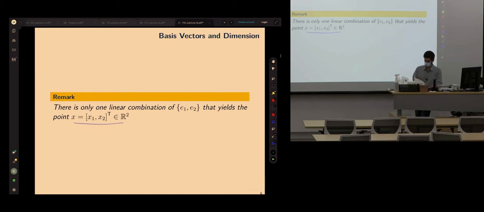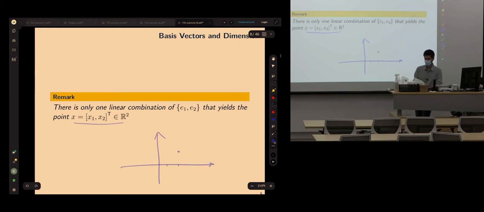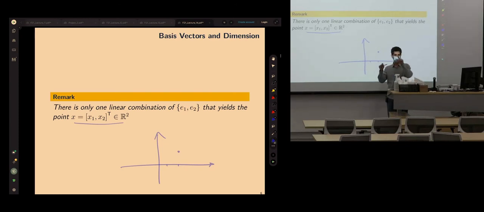You are already familiar with this idea because you know that in a 2D space, by following each axis, you could identify a point, right? And there is no ambiguity. Whatever magnitude you decide to follow along each axis, that will identify a point in the plane.